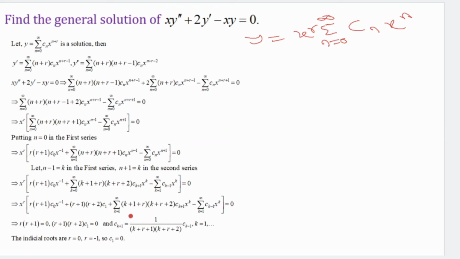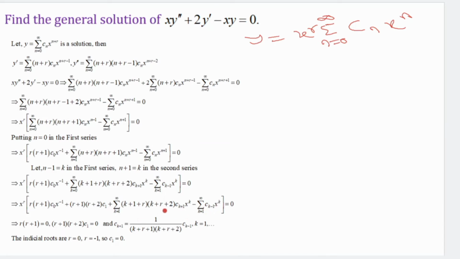k plus 1 plus r, k plus r plus 2, c(k plus 1) x to the power k is equal to, here we have to take the coefficient of x to the power k. When we bring this term to the right side it will be positive, c(k minus 1).